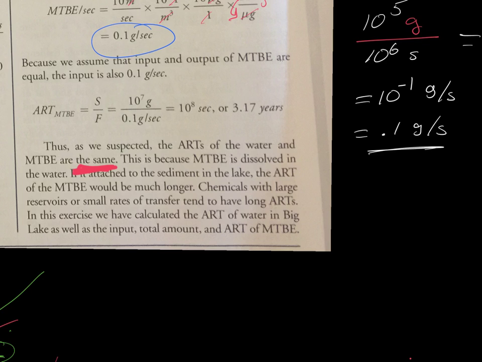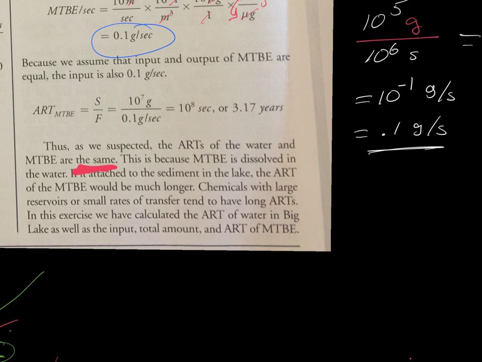That's 10 to the 7th grams. Where do we get 10 to the 7th grams? Well, that's the total amount in the lake. Remember, 10 to the 7th was our reservoir size. That's what S means, right?